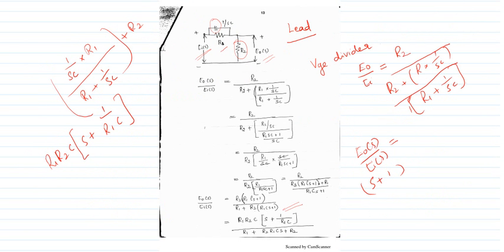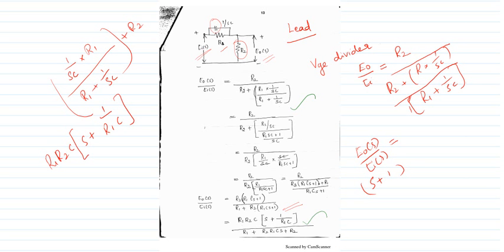So this is my lead compensator network; based on the voltage divider rule, you will get this expression. After making it into 1 plus S form, I am bringing it like this. Then for the general compensator design equation, I am going to compare it.